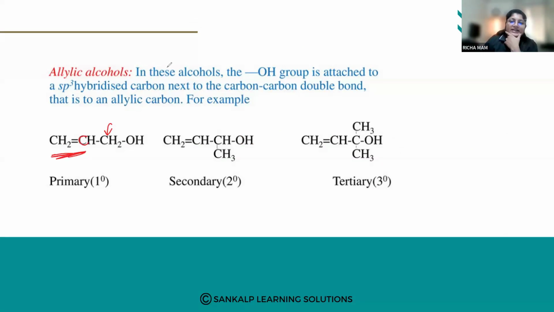We have seen allylic halides, where the halide is attached to an sp3 hybridized carbon next to a carbon-carbon double bond. In the same way, in allylic alcohols the OH group is attached to an sp3 hybridized carbon next to a carbon-carbon double bond. So these are the three examples of primary allylic alcohol, secondary allylic alcohol, and tertiary allylic alcohol.